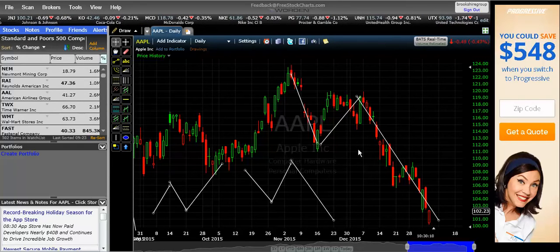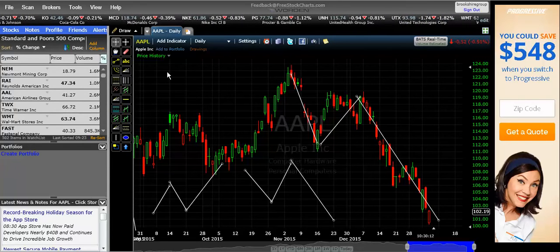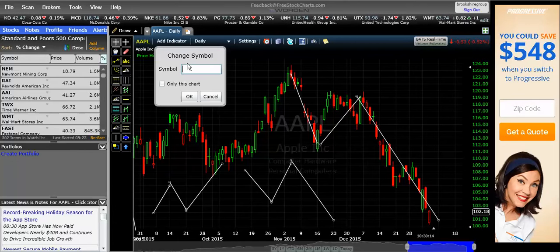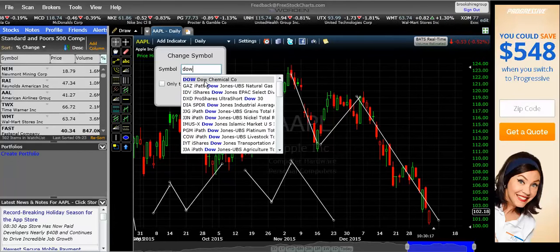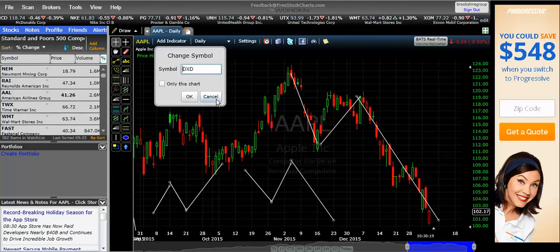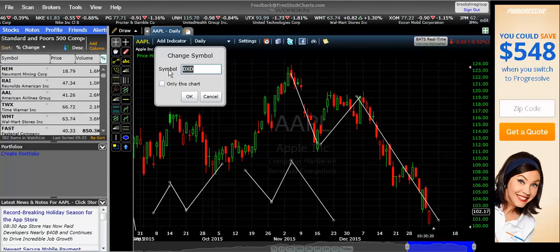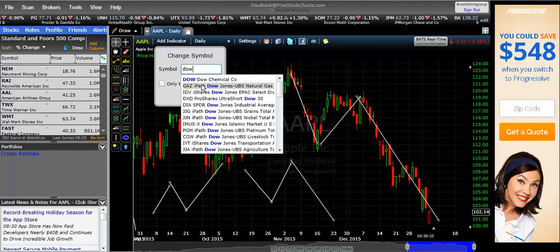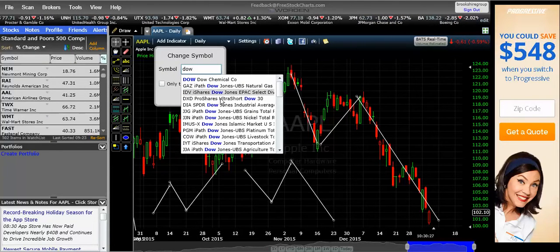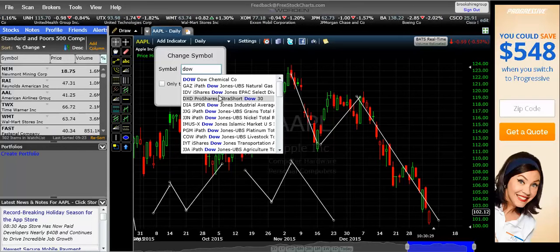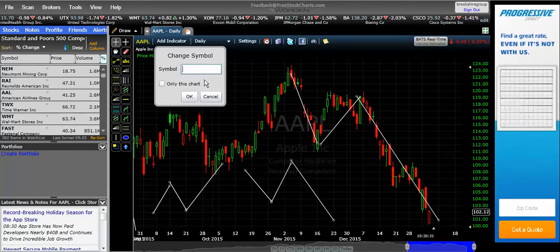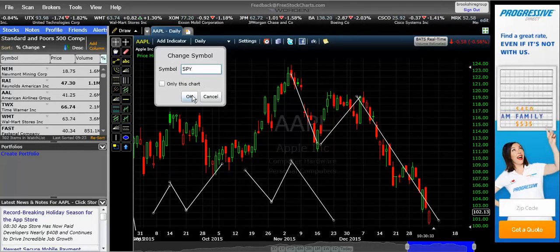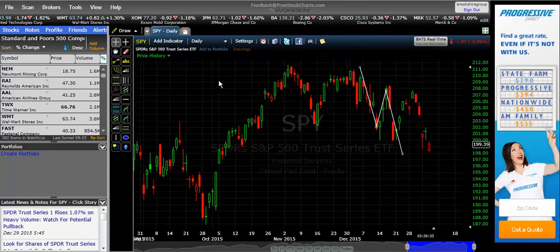So this is Apple. Now I'm going to look at the general market overall, the Dow. Actually, let's look at the SPY, which is basically the S&P 500.